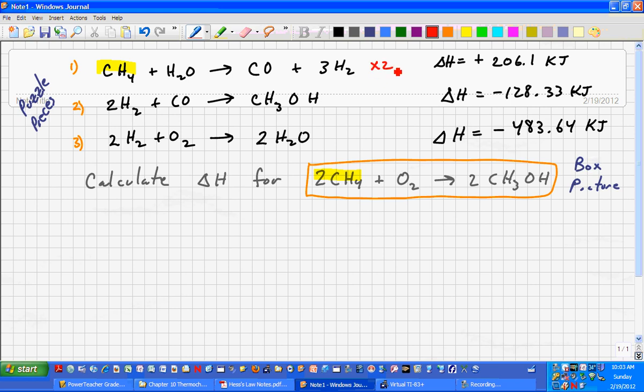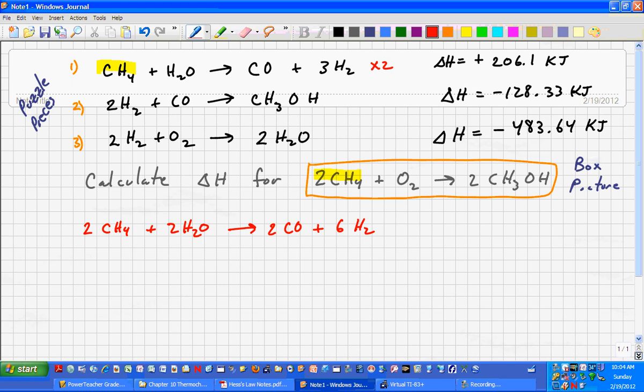I'm going to times 2 on the first equation, and what I'll come up with is 2CH4 plus 2 waters. I'm distributing that. 2 moles of water is going to produce 2 moles of carbon monoxide plus 6 moles of hydrogen. So I've doubled the equation.